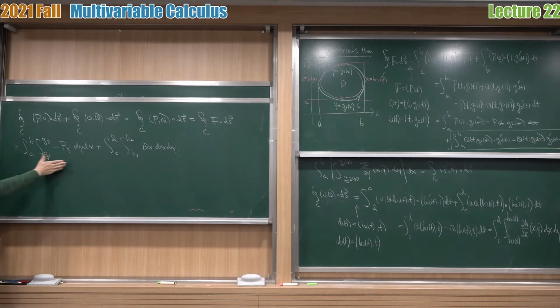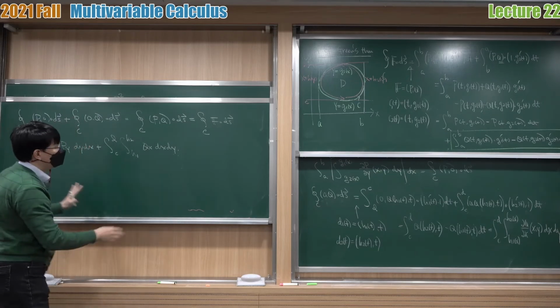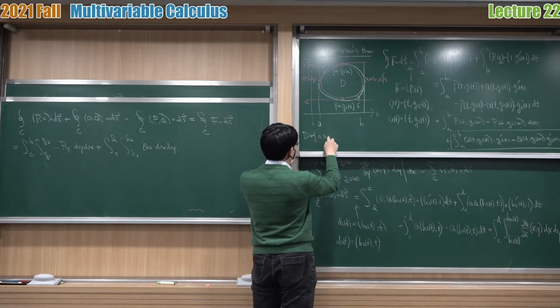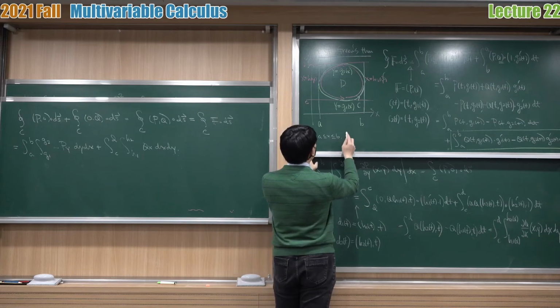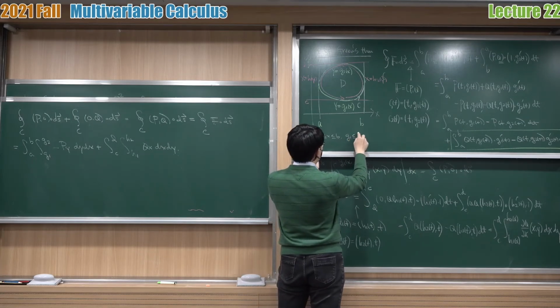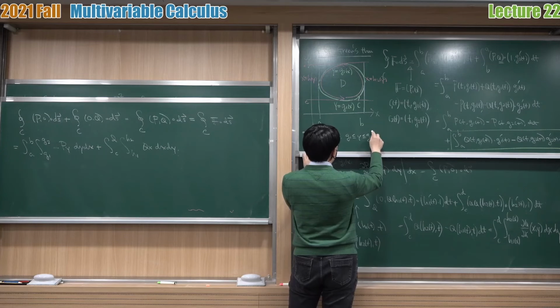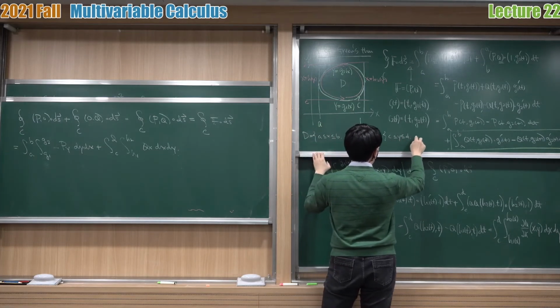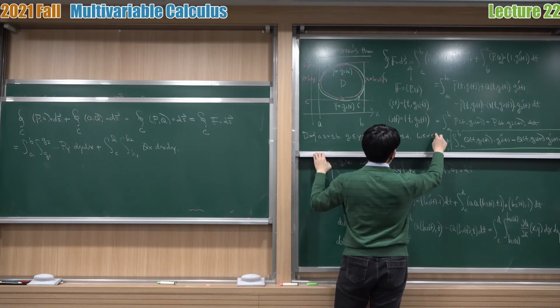So let's look at what we are actually doing for this iterated integral. We are doing a double integration over the domain D. The same domain, because this domain can be written as first x from A to B and y from G1 to G2, and also as first y from C to D and x from H1 to H2.